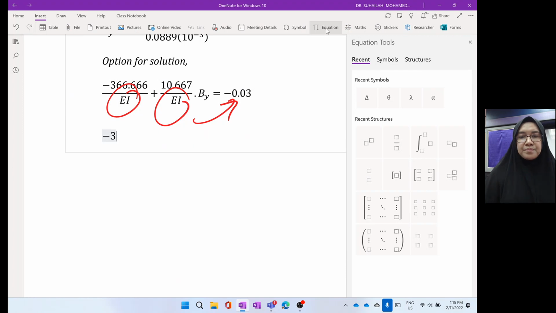Kan? Dia jadi negative 3, 66.666 plus 10.667 BY kan ni?